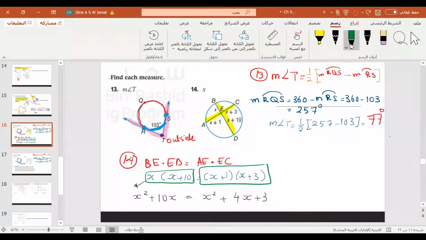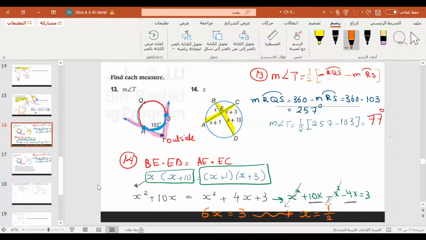Then move all the variables next to each other: x squared plus 10x minus x squared minus 4x equal to 3. Here you have like terms with opposite signs, and here you have other like terms. Calculating them gives you 6x equal to 3. Divide both sides by 6, which gives you x as 1/2.